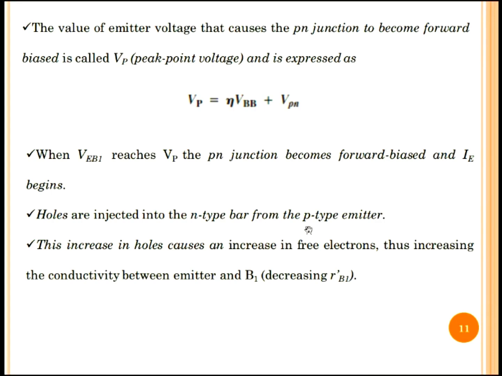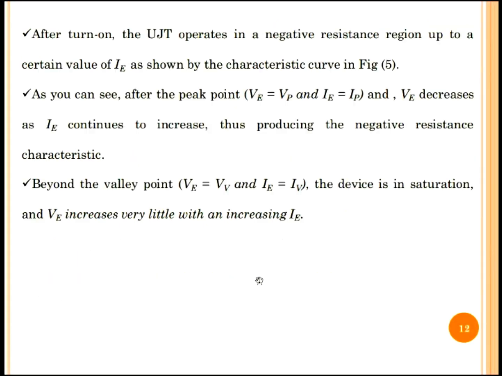This is obvious: the holes are transferred from the P region to the N region, and this increase in holes causes an increase in the free carriers, which are basically the electrons, thus increasing the conductivity between the emitter and base one terminals.